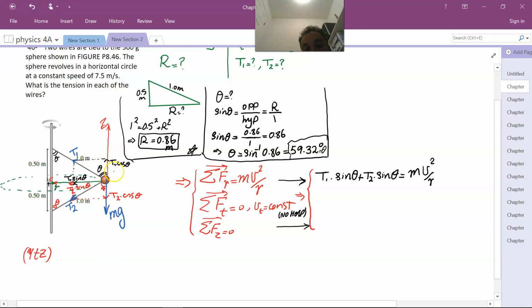So I'm going to have T1 cosine theta is positive, minus T2 cosine theta, minus mg equals 0. Am I right? Yes. But let's save the time. So move mg over, and this will be equal to mg. Make sense?